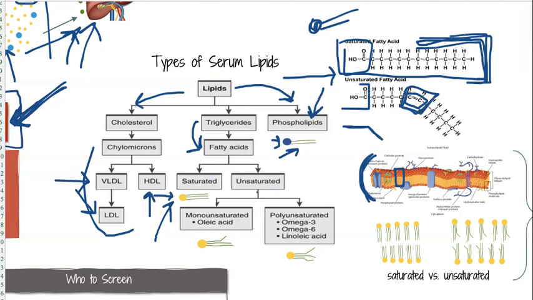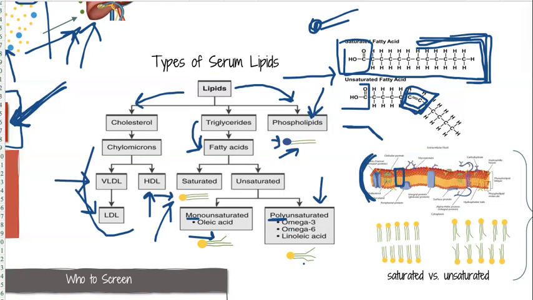Monounsaturated means mono, meaning 1. Only 1 of the fatty acid chains is unsaturated. The other 2 are saturated. And then polyunsaturated, poly always means many, is more than 1. So either 3 bends, 2 bends, what have you.